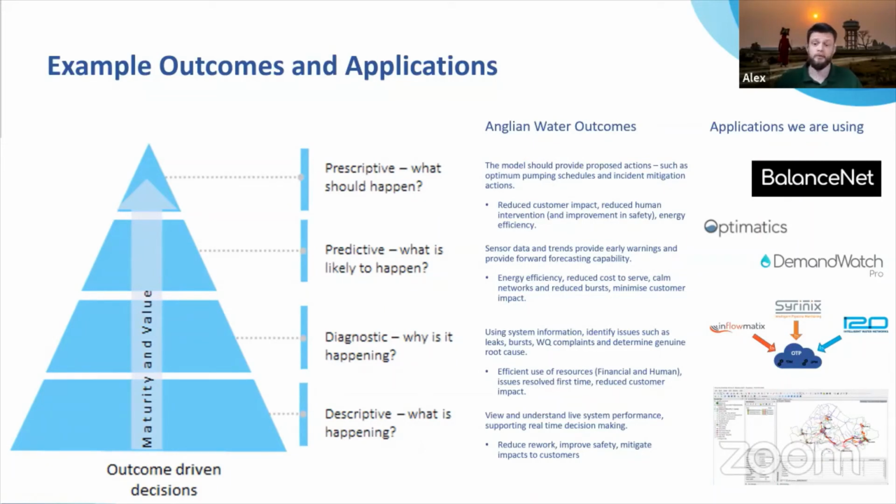And by being able to view live information about pressures, flows, demand, asset data and set points, we can improve our decision making, reduce rework for field teams, improve safety and minimise any impact on our customers when issues occur. And that last one will be a common theme throughout this.